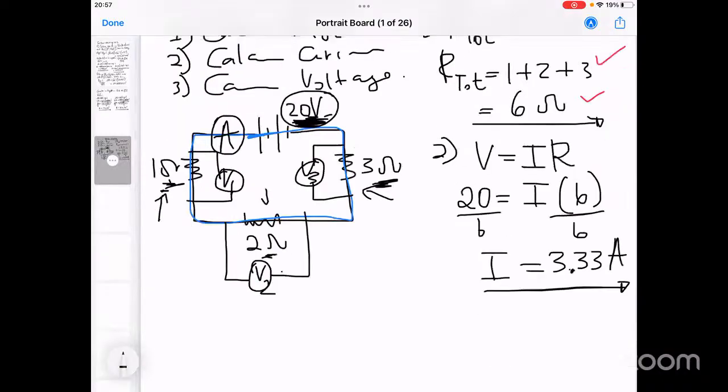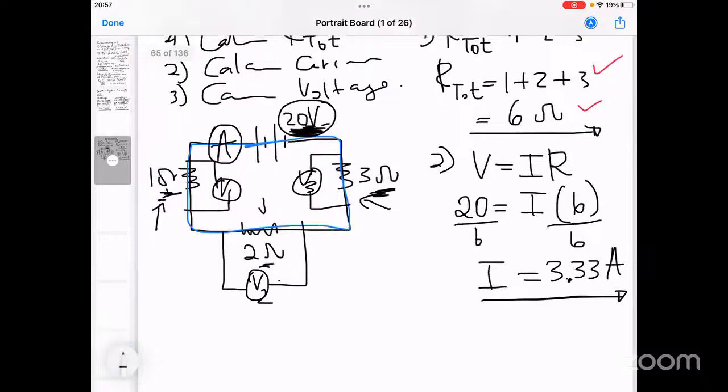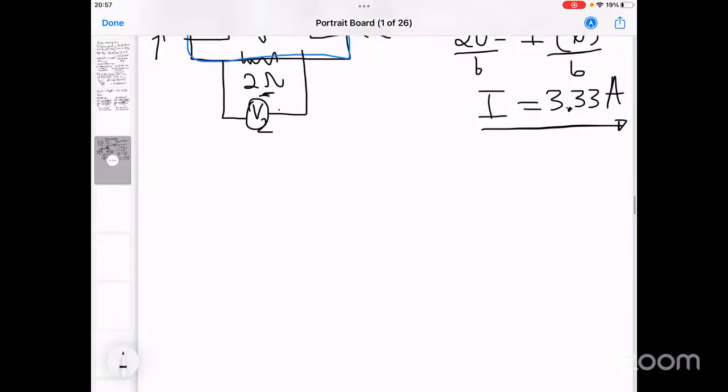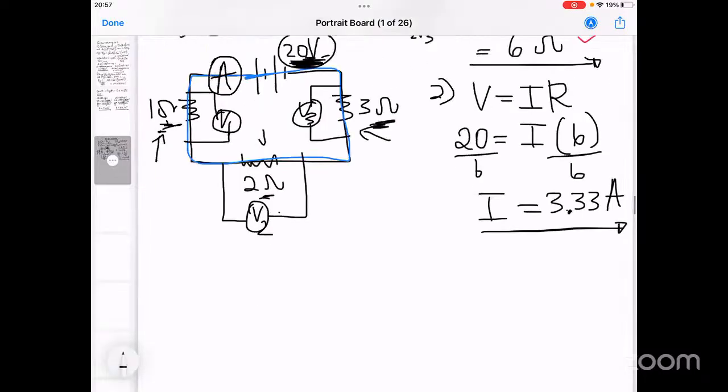So maybe let's calculate the voltage across 1, the voltage across, what is it? That would be for V1, this would be for V2, and this would be for V3. Again, we use that same formula where we say V equals IR. Now it's necessary for us to specify and say we are doing V1.